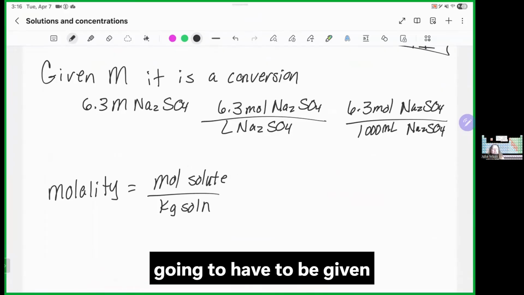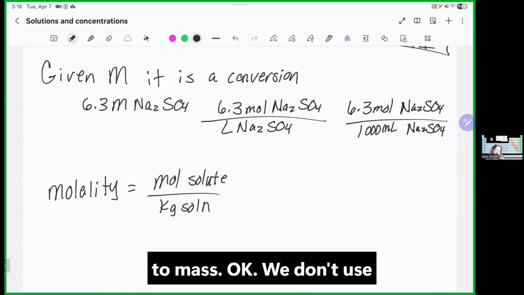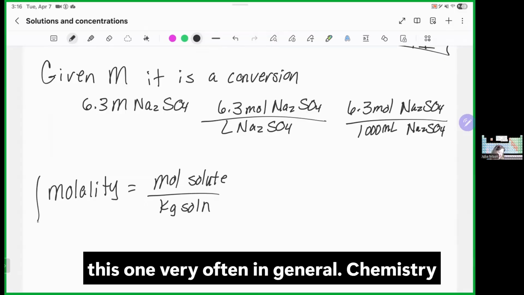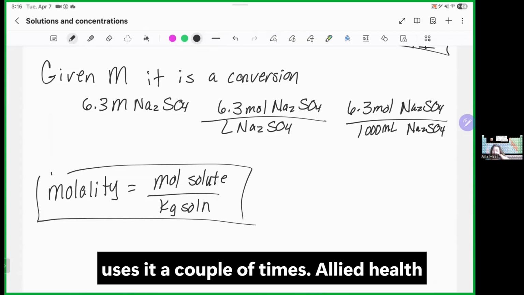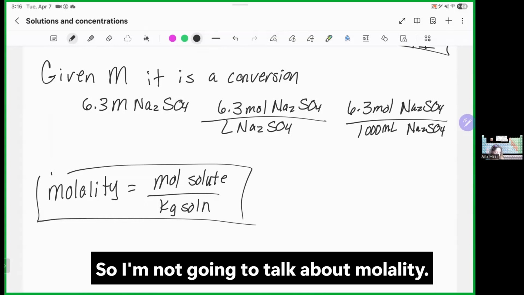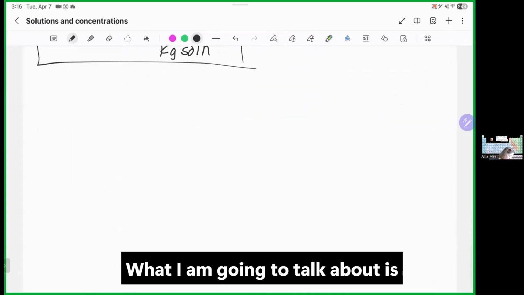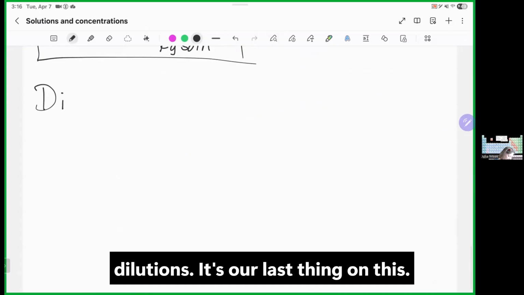And so you're typically going to have to be given a density to get from volume to mass. We don't use this one very often. General chemistry uses it a couple of times. Allied health chemistry probably doesn't use it at all. So I'm not going to talk about molality. What I am going to talk about is dilutions. It's our last thing on this.